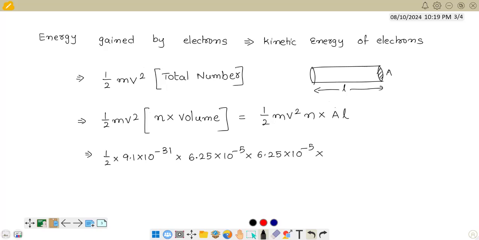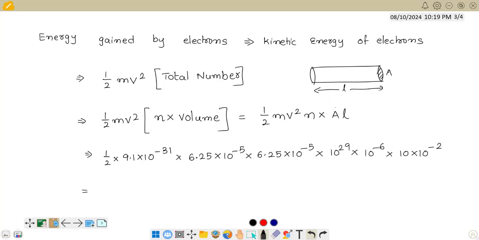The N value is given in the question as 10 power 29, and the area is given as 10 power minus 6 meter square. The length is given as 10 centimeter, so 10 into 10 power minus 2. As you can see, this is a very lengthy one. Let us multiply all of that patiently and see what value we get.